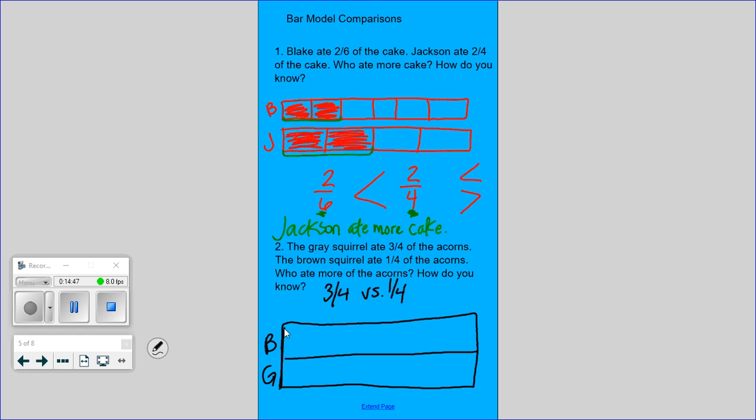So how many pieces am I breaking that bar into? Caleb? 4, because my denominator tells me what I'm breaking it into. How many pieces do I shade in for my brown squirrel? Ava? 1.